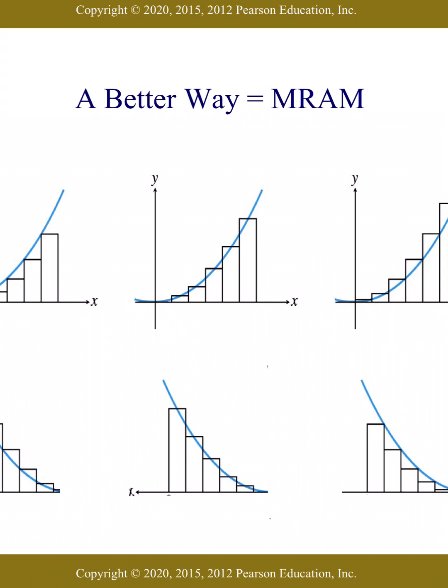Because they have a constant slope, the midpoint is the average of the left and the right. But with anything that has a curve to it, anything with concavity, the middle is not the same as the average of the left and the right point. It's its own distinct point. But it does give us a better accuracy.